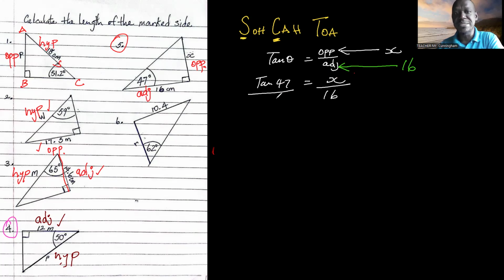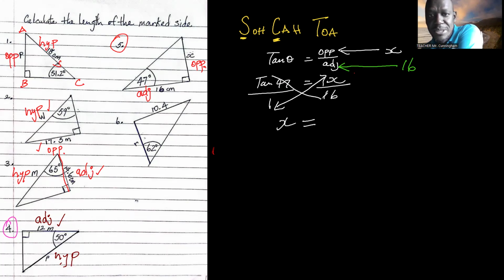Now I'm going to put the tan 47 over 1, and then we're going to cross multiply, with the unknown first, people. So 1 times x is x, and the other side is 16 times tan 47.